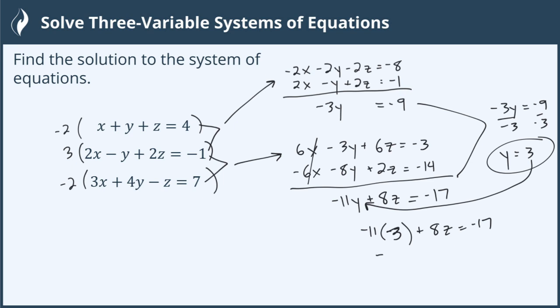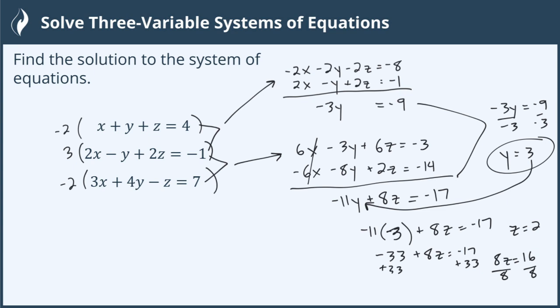So I've got -11 times 3, so -33 plus 8z is equal to -17. I have to add 33 on both sides. So I have -17 plus 33, which is 8z equals 16. Divide both sides by 8, and I now have z equals 2.